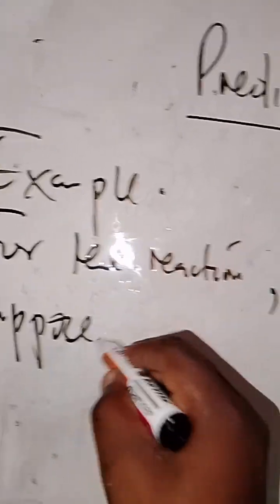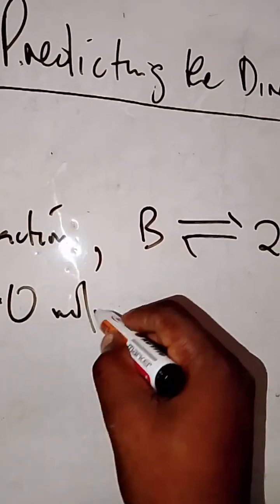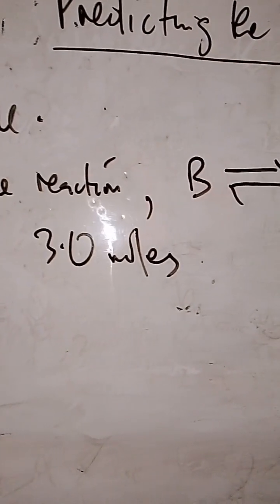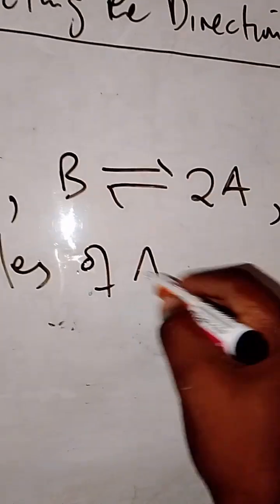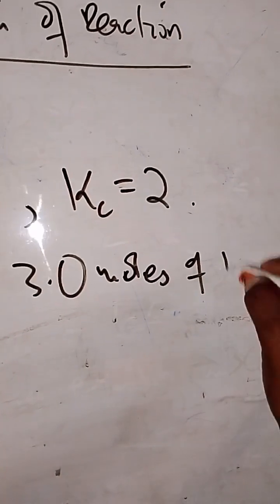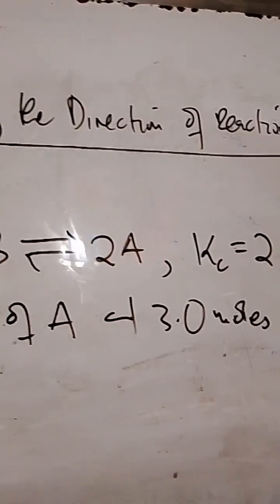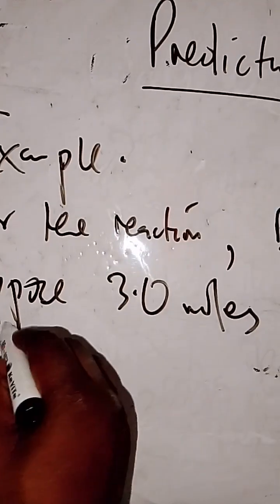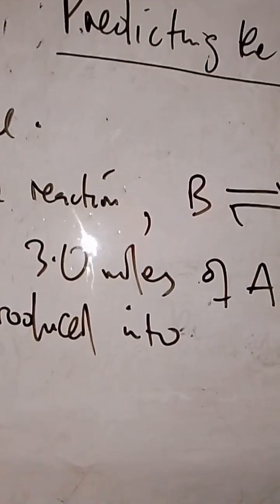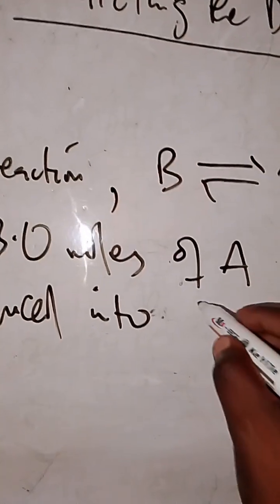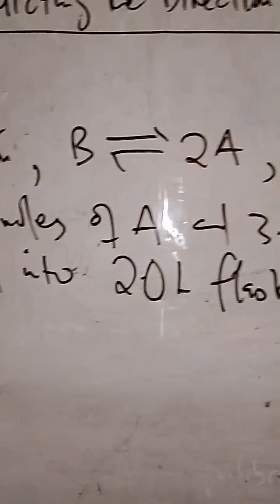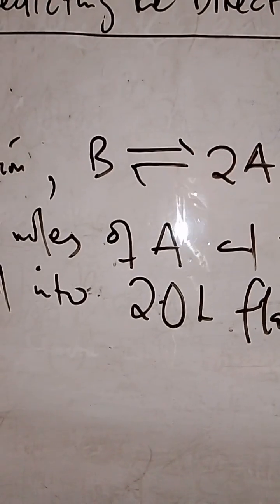Suppose 3.0 moles of A and 3.0 moles of B are introduced into a 2.0 liter flask.